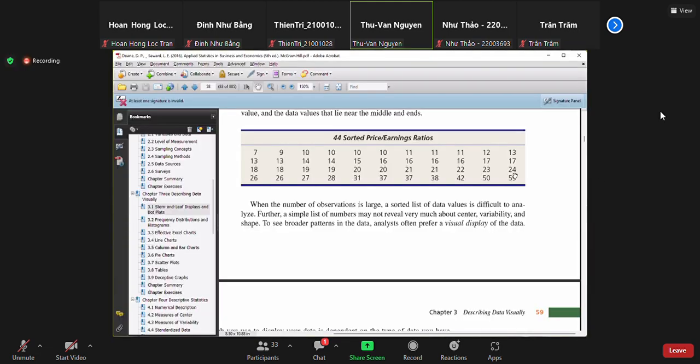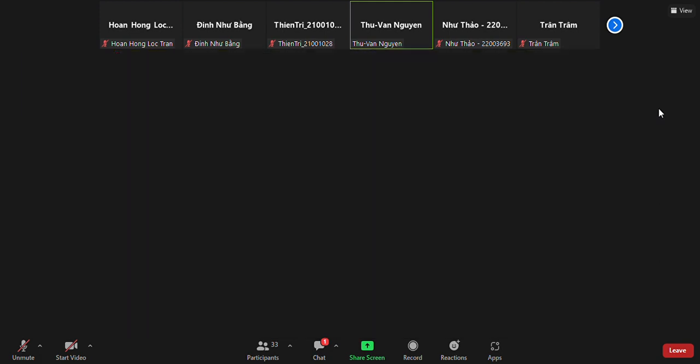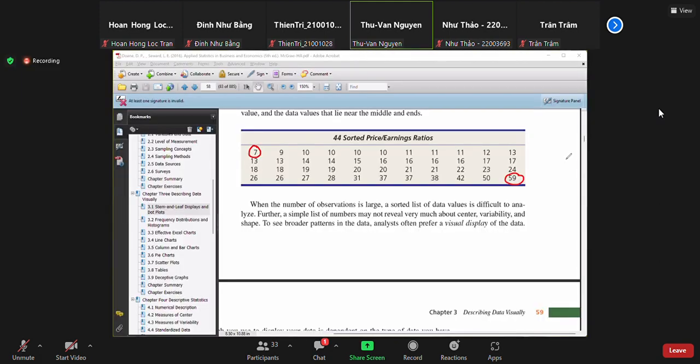Smallest to the largest. So when you sort the data, you can easily see the smallest and the biggest. Okay, so this is the sorted P ratio.